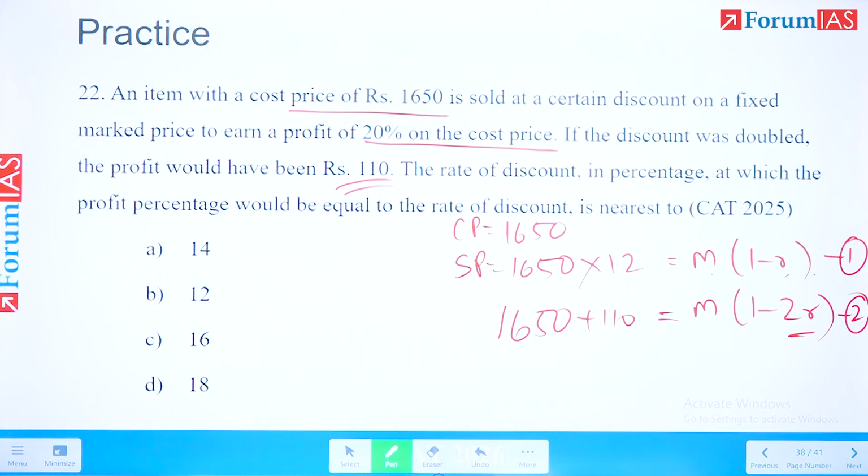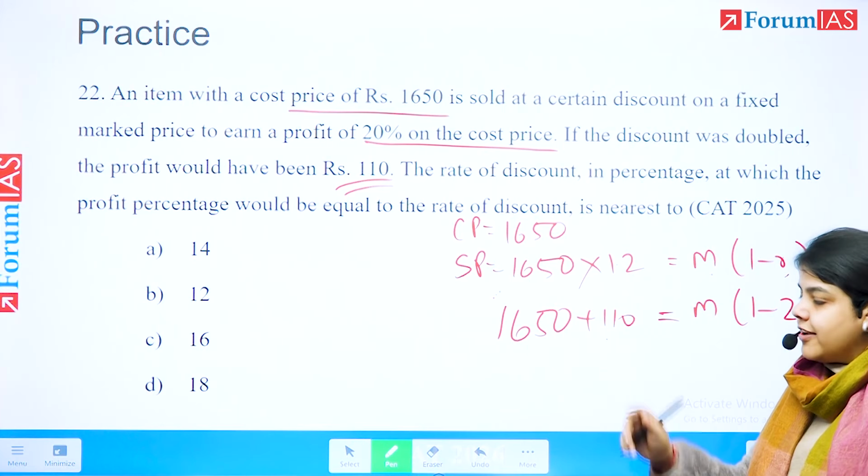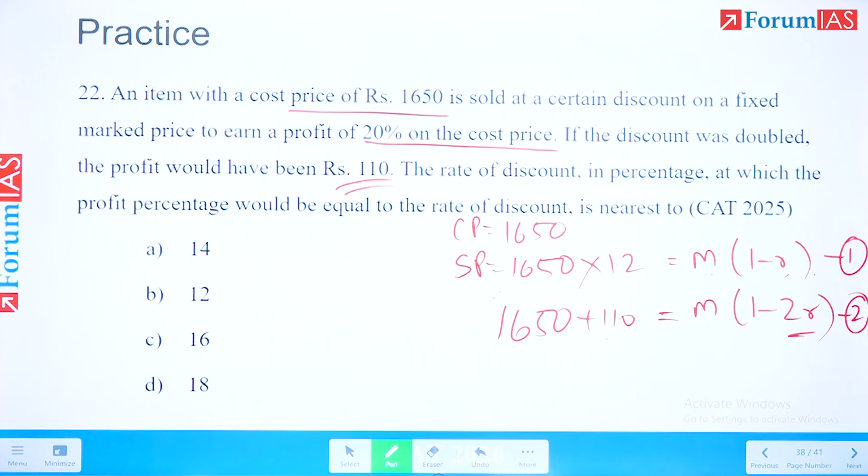Mark price means it's fixed. Some price. Okay? M. जिस पे R% अगर discount देते तब भी यही होता. 1650 into 1.2. But if the discount was being doubled, if it was M into 1 minus 2R, the profit would have been 110. 1650 plus 110. 1760.